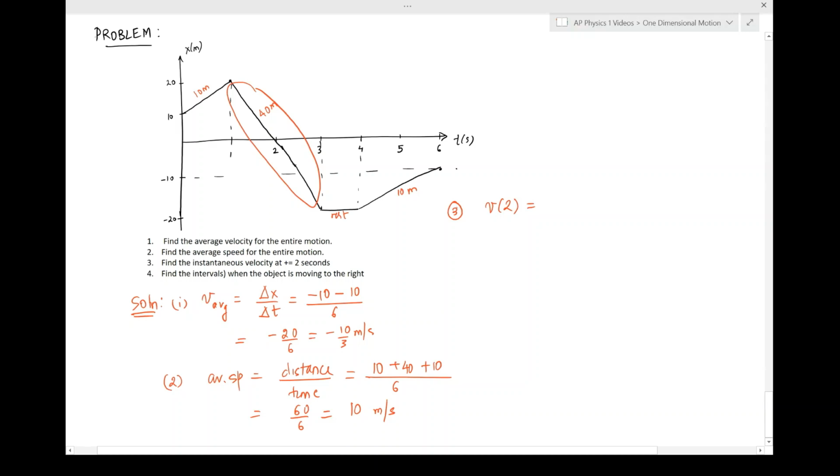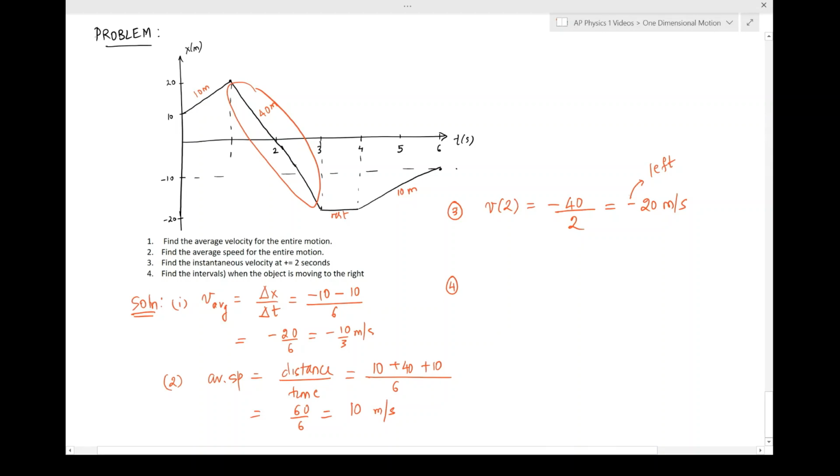And that slope is the rise over the run. The rise happens to be negative 40 and the run happens to be 2, which is equal to negative 20 meters per second. The negative sign here should also tell you that this object is moving to the left. All right, so that's the answer to part 3.